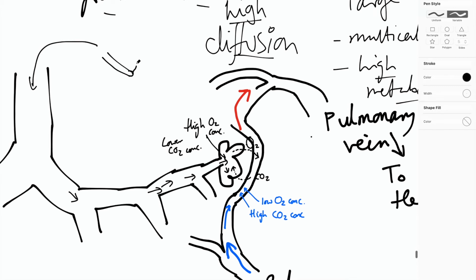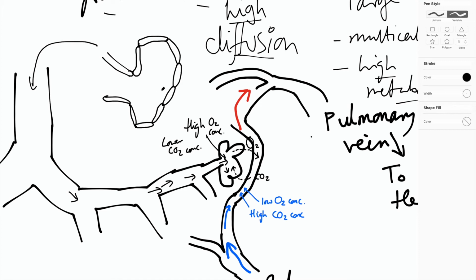Now the alveolus is made of epithelia that are squamous epithelia, which means that they are flat cells. Okay, so because they're flat cells, they have a thin wall. So that wall of the alveolus is quite thin.